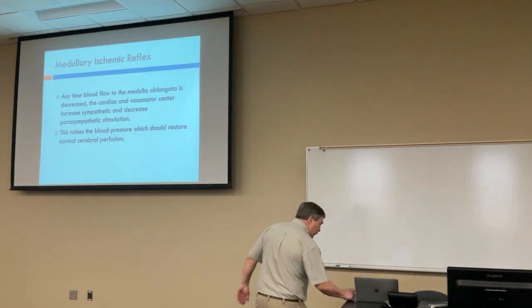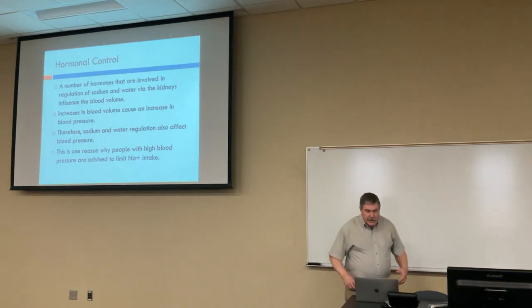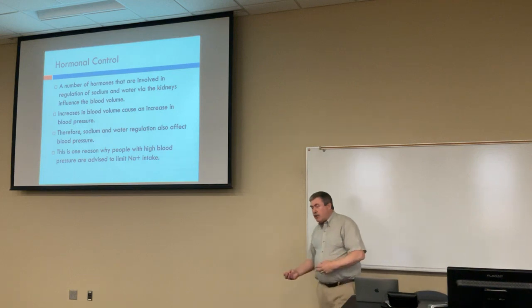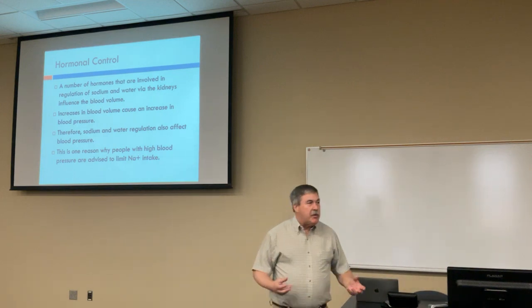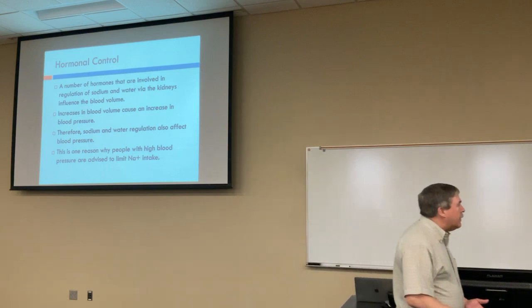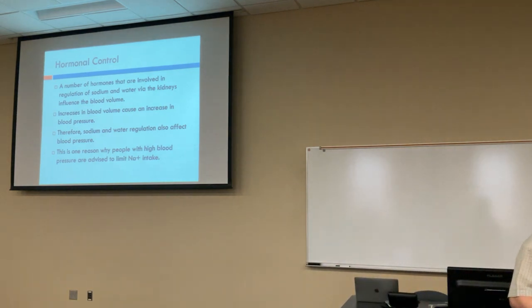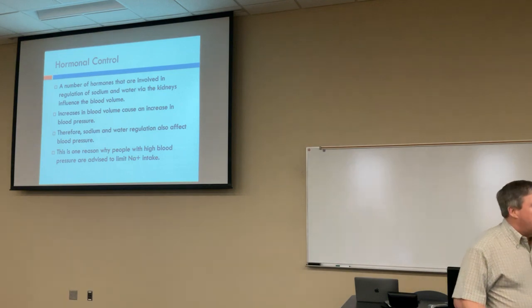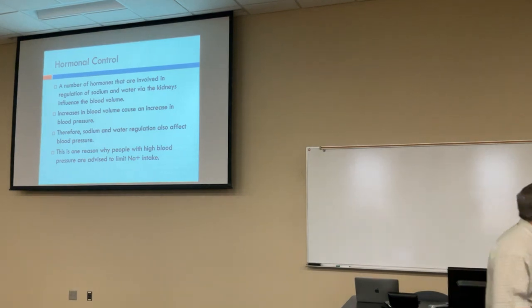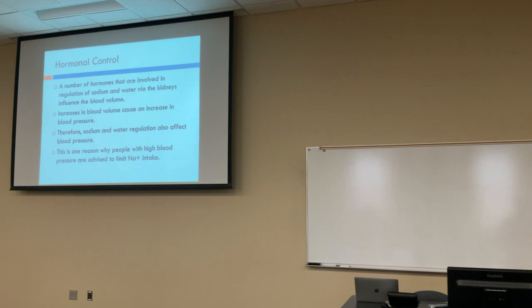Okay, in addition, over the long term, blood pressure can also be regulated hormonally through hormones that affect blood volume. This is mediated mainly through the urinary system, because there are hormones like aldosterone that regulate blood volume.